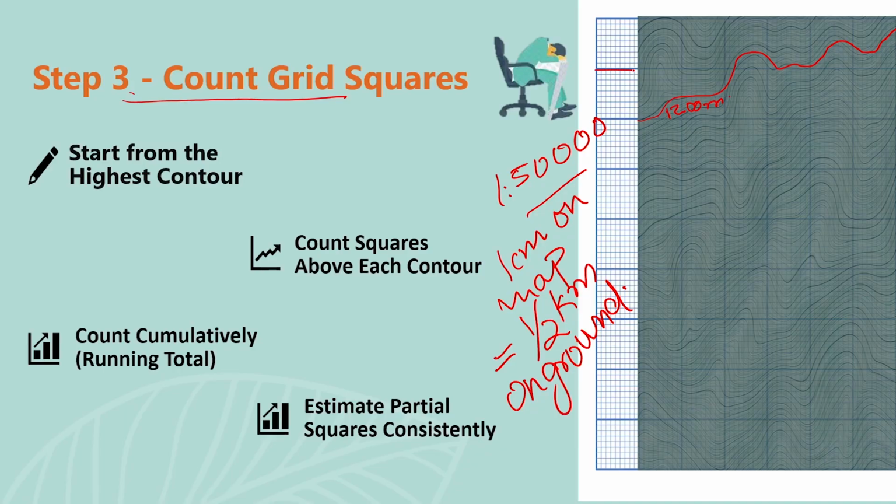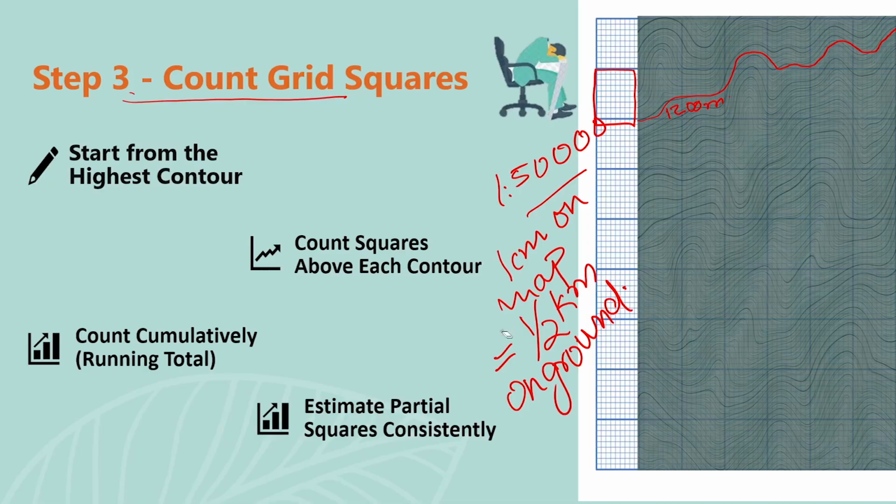So, when you are using a topo sheet of the scale 1:50,000 and you are using a graph sheet, what you need to keep in mind is that one big grid on your graph sheet is going to represent half a kilometer on actual ground.